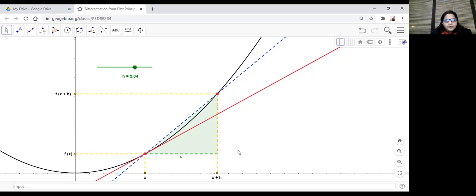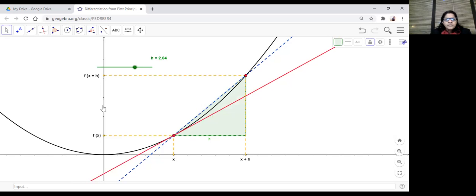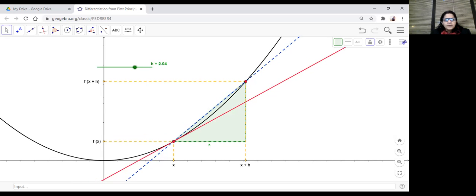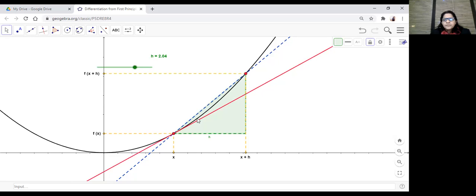We have 2 points here. This is the point P (x, y). Now this point is Q (x plus h, f of x plus h).